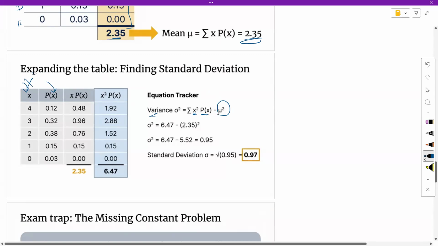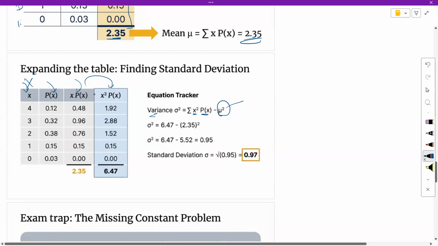We already calculated the mean, and we take the square of that value. Here we prepare a table. We already prepared this one, and newly we have to add this.